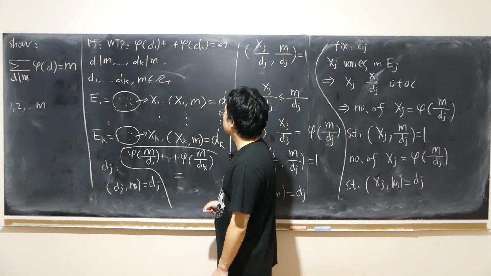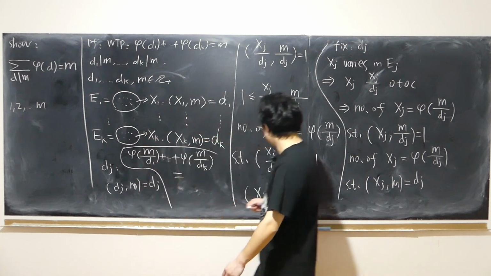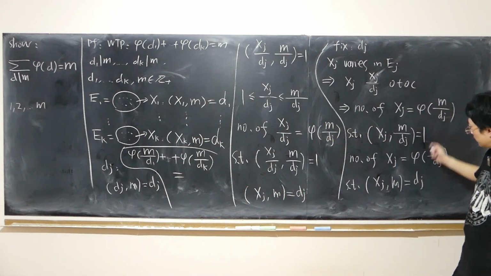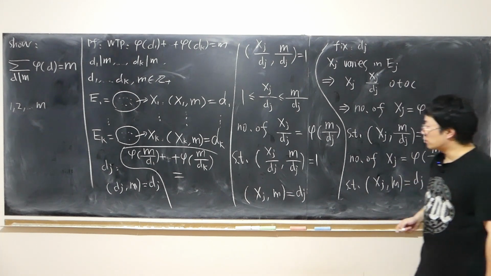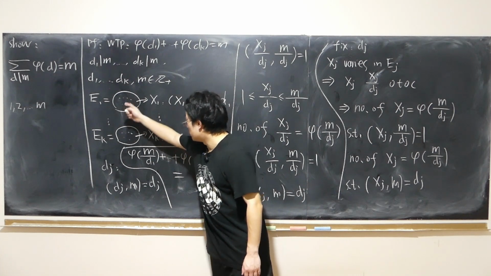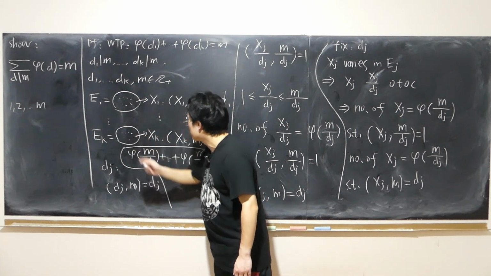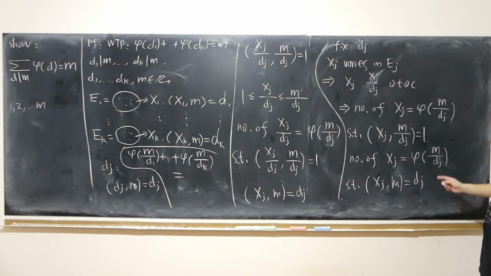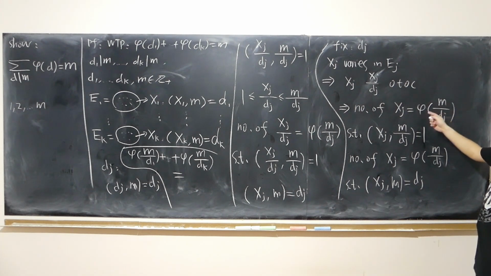How many of them in that Ej? Equal exactly to the number of elements in Ej. Same goes for E1, E2. So phi of m over d1 is equal to the number of elements in E1.